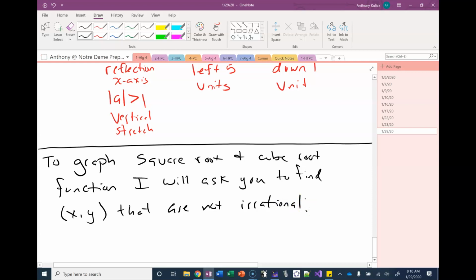So when we talk about graphing these square root and cube root functions, I'm going to ask you to find points that are not irrational. So remind us again, what does irrational mean?